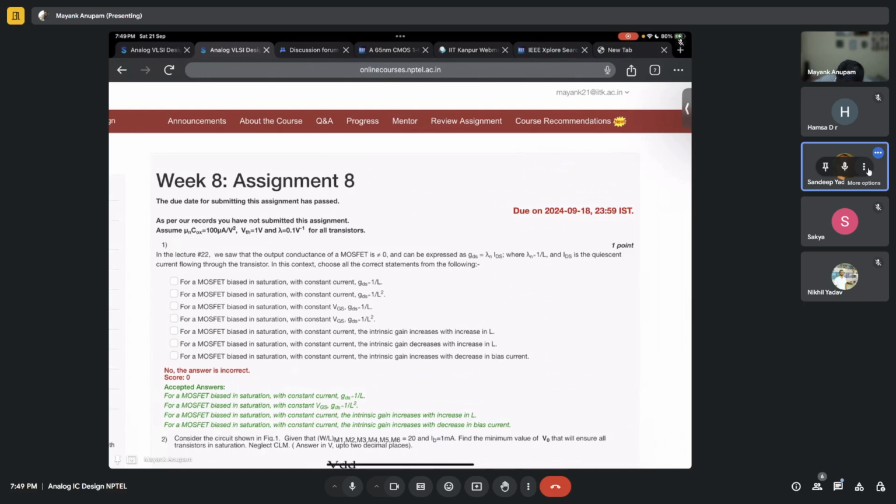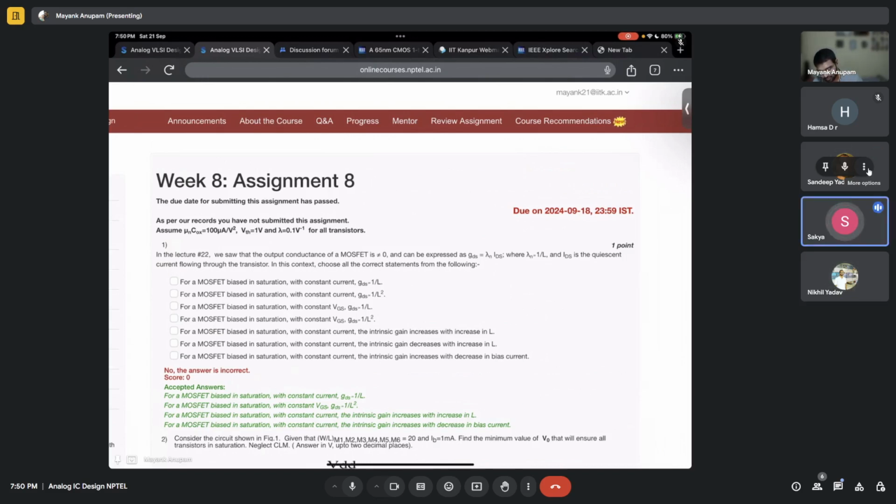So what is GDS equal to? It is written here also, right? Lambda n times IDS. And what is IDS? IDS is not directly given as 1 milliampere.